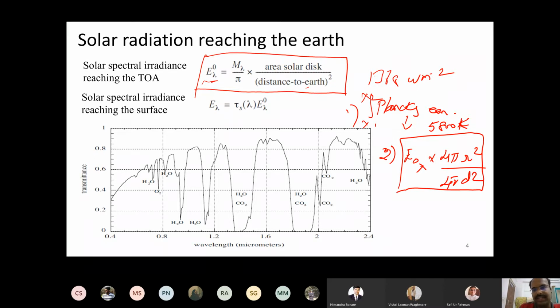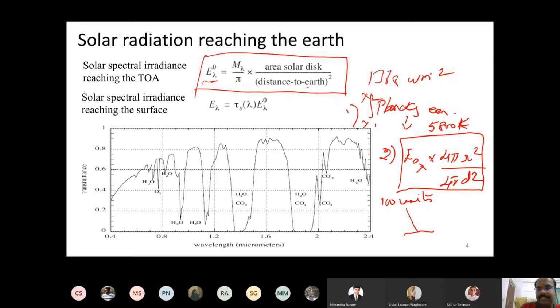Now, solar radiation has reached the top of atmosphere. It has to come down. It has to pass through the atmosphere. Again, we saw atmosphere is not very clear. Atmosphere also absorbs something, scatters something. So essentially, atmosphere is a lossy medium. If 100 units of energy reaches the top of atmosphere, all the 100 will not reach the surface. Some energy will be lost within the atmosphere.